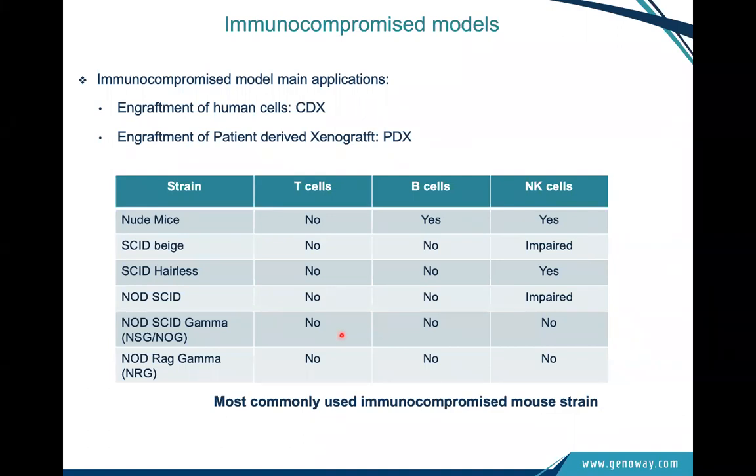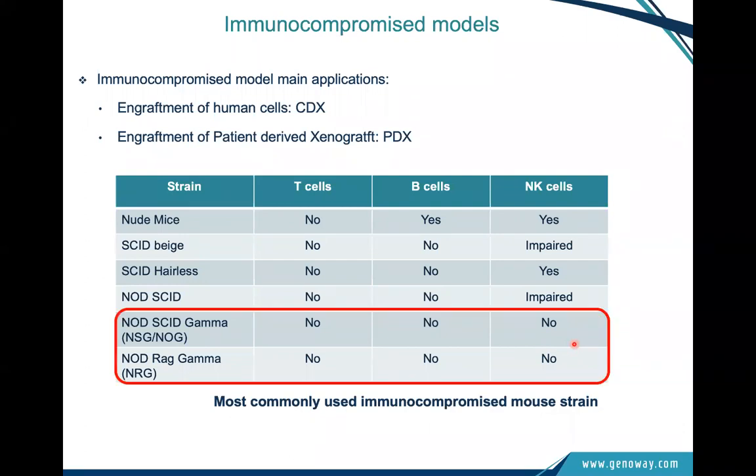Then comes a second generation of models in which the T cell and B cell compartment was altered through different mutations, which could be SCID mutation or RAG mutation, and I'm going to detail this later. And those mice have no NK cells on top. And these are, in fact, the most permissive models you could use. I would focus only on models having no T cell, no B cell, no NK cells.